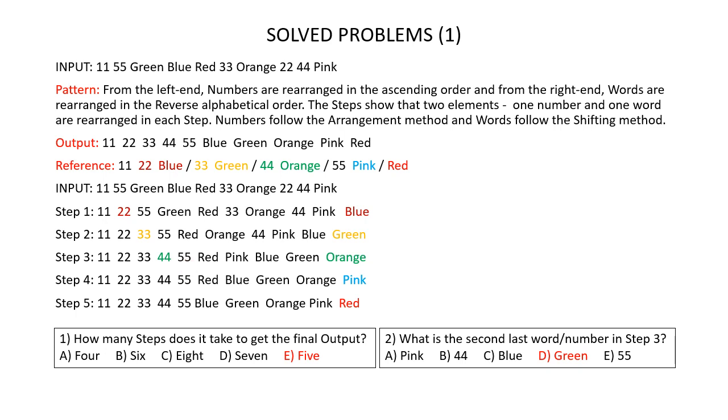So in step 4, write 11, 22, 33, 44 and 55 in the same position as is given in step 3. Write pink at the extreme right end in step 4. The remaining elements in step 3 are written as they are in the same order.